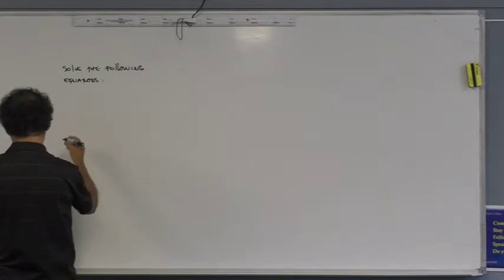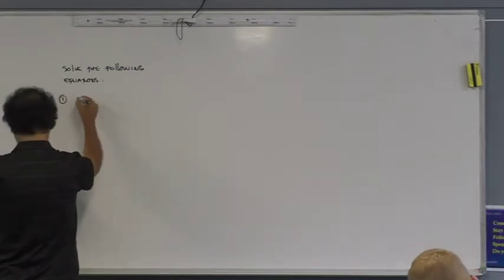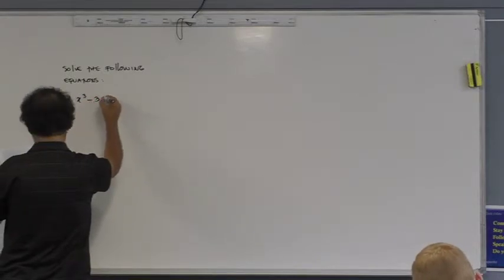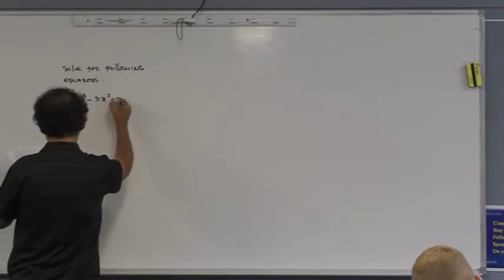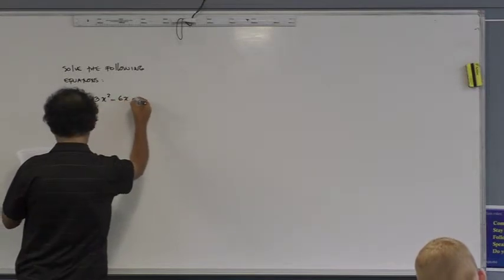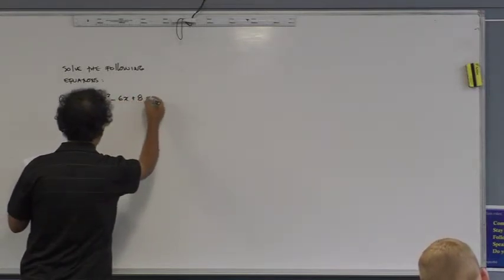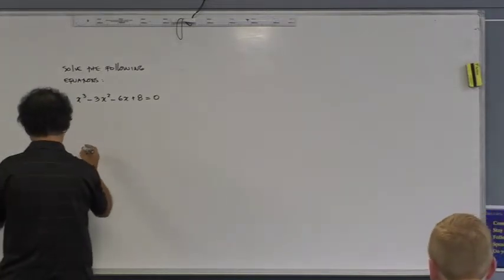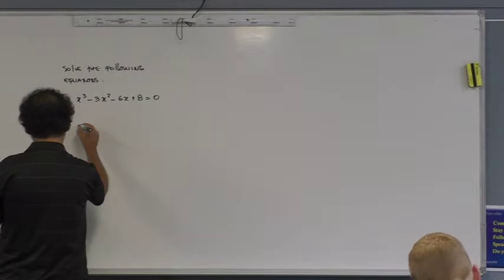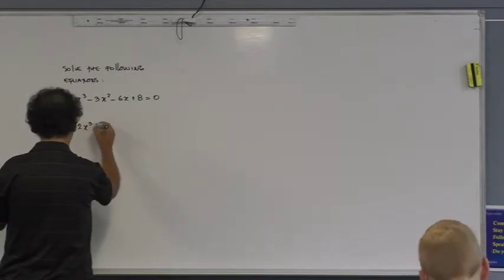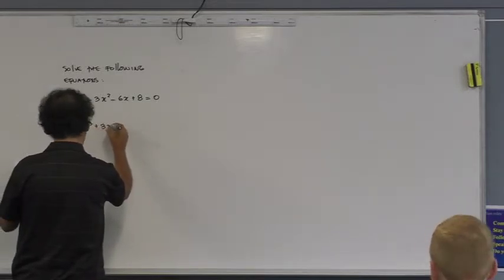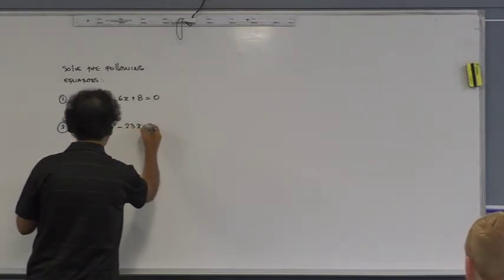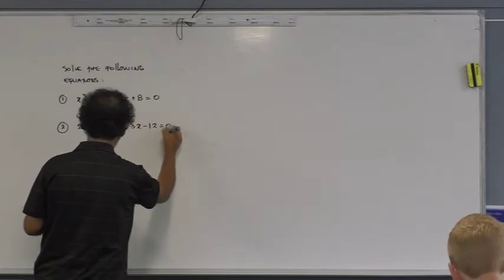The first one is x cubed minus 3x squared minus 6x plus 8 equal to 0. And the second one is 2x cubed plus 3x squared minus 23x minus 12 equal to 0.